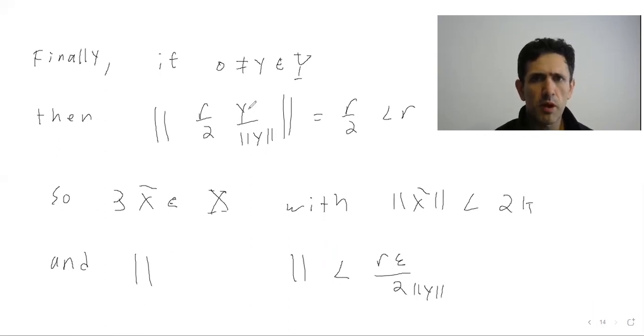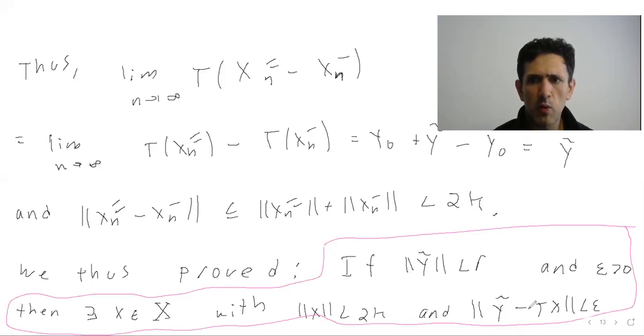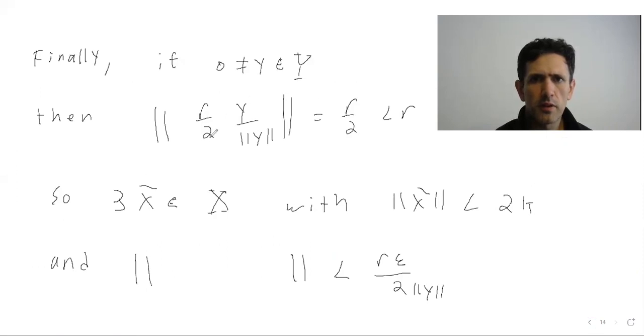So I'm applying it. This is my y tilde here, this whole thing. So it's going to be r over 2, y over norm y, minus T x tilde.